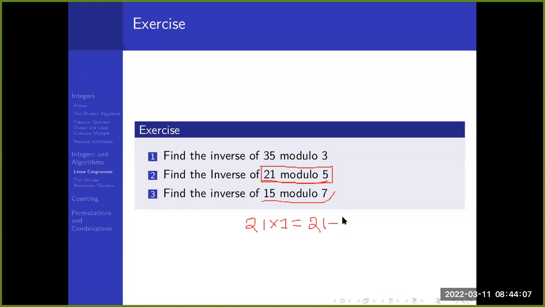And if you subtract 1 from 21, what do we get? 20. We get 20. And 20 is divisible by 5. So 1 is the inverse of 21 modulo 5.